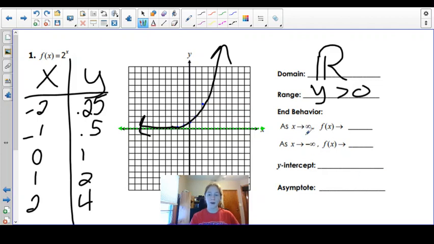Next, we're going to talk about what happens as we go on and on and on forever without end. We're just looking at this graph in this little tiny window between -2 and 2. So I want to be able to describe it as if it continues like it can. So as x approaches infinity, which is how you read that, as we keep going and going, what's going to happen to my graph? Well, let's see what's happening so far.